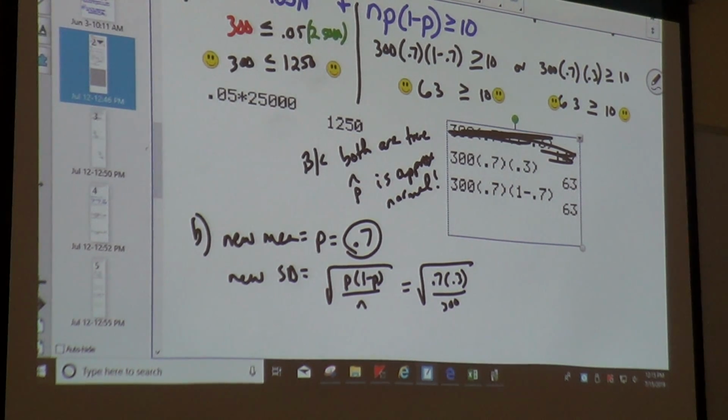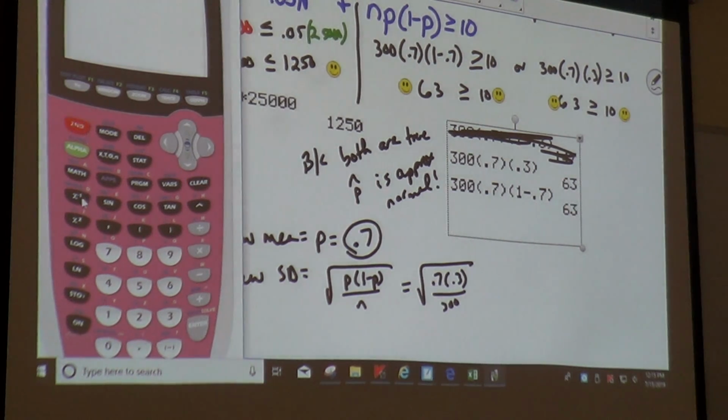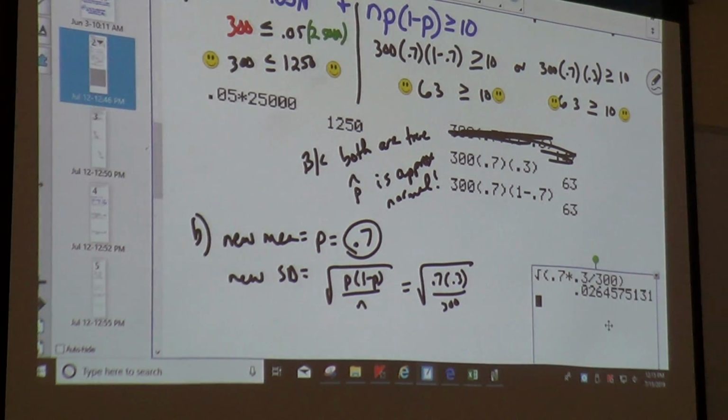And we're going to do the square root of all of that. So in my calculator, I'm going to do the square root of 0.7 times 0.3 divided by 300 and then close the whole thing. That is my new standard deviation.